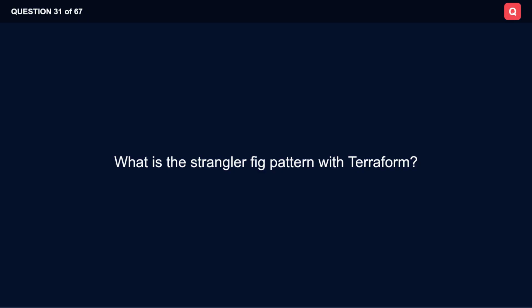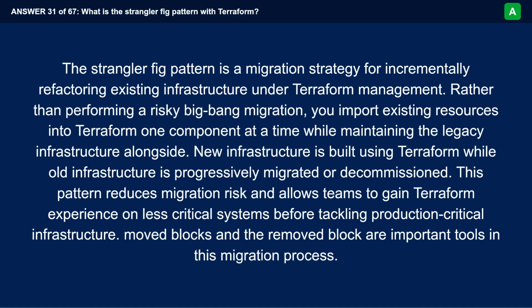What is the Strangler Fig pattern with Terraform? The Strangler Fig pattern is a migration strategy for incrementally refactoring existing infrastructure under Terraform management. Rather than performing a risky Big Bang migration, you import existing resources into Terraform one component at a time while maintaining the legacy infrastructure alongside.